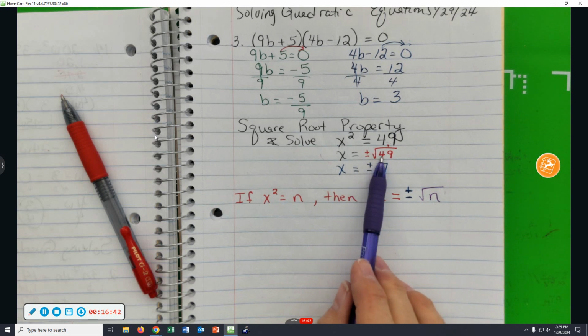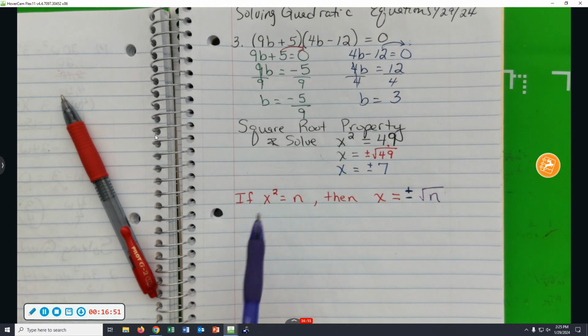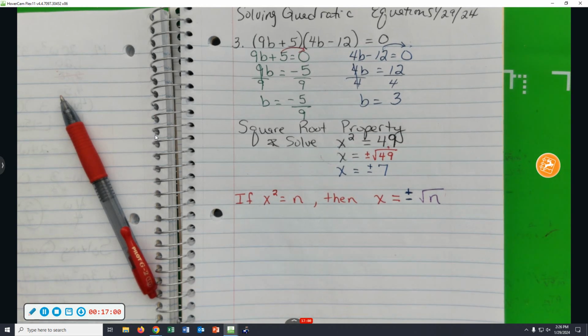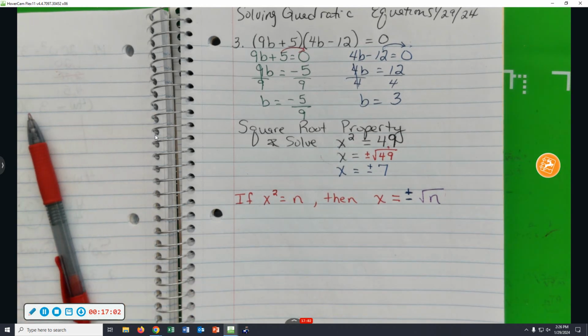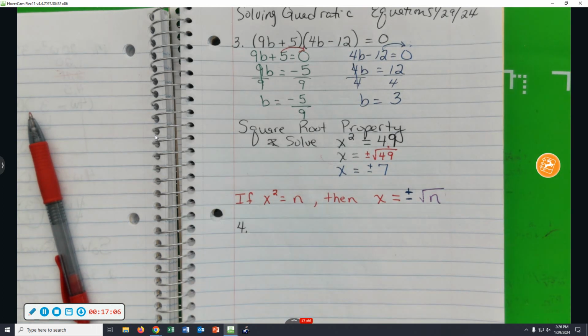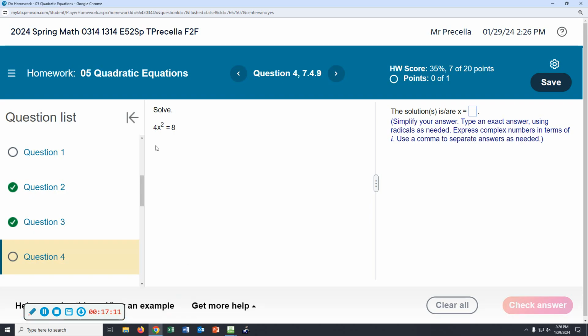We took the square root of 49, 7, plus or minus. Okay? The square root method requires that there be no number in front of the x squared other than the understood 1. Okay? So on problem number 4, was that 4? I think it was. So look back at number 4. 4x squared equals 8.